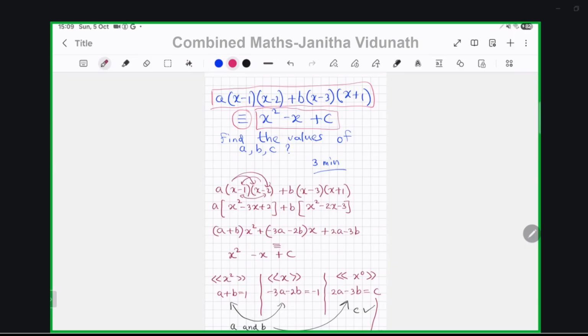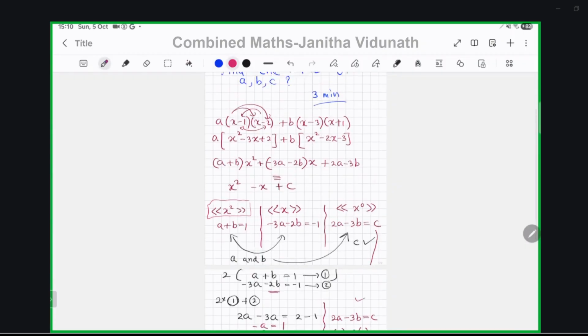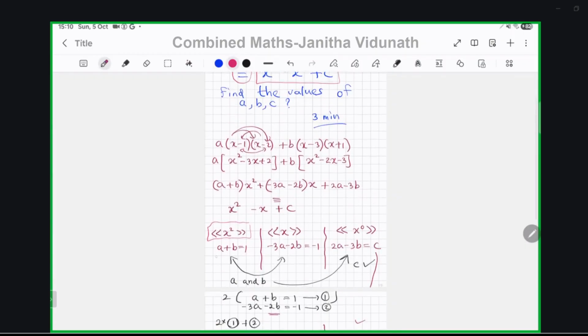Then we found the values of a, b, c by comparing the corresponding coefficients of both sides. We compared the coefficient of x square and got this kind of equation, a plus b equal to 1.